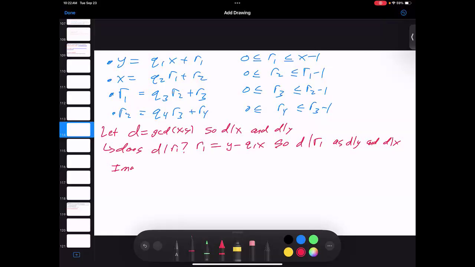Imagine d tilde is the greatest common divisor of R1 and x. Does d tilde divide y? So if d tilde is the greatest common divisor of R1 and x, does it have to divide y? What do you think?